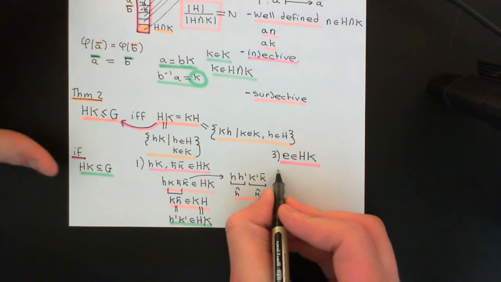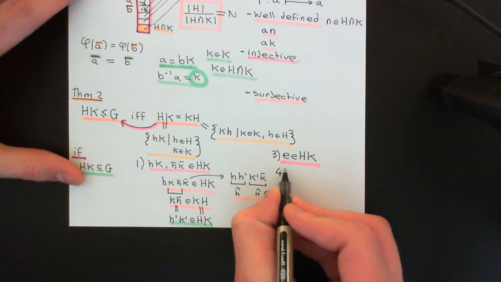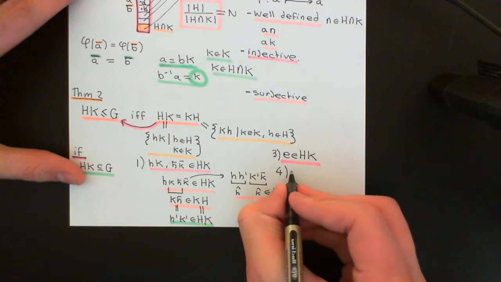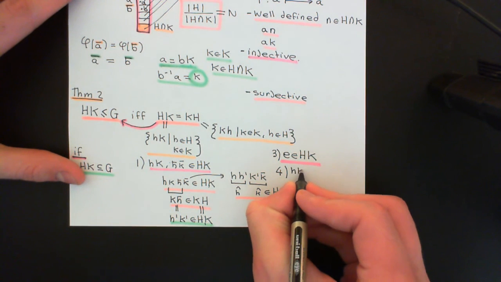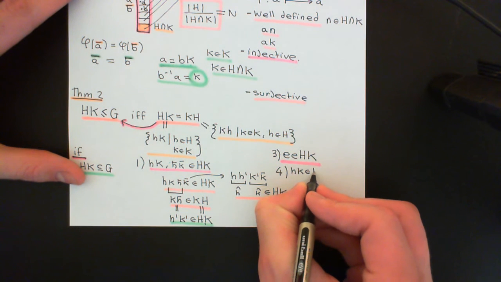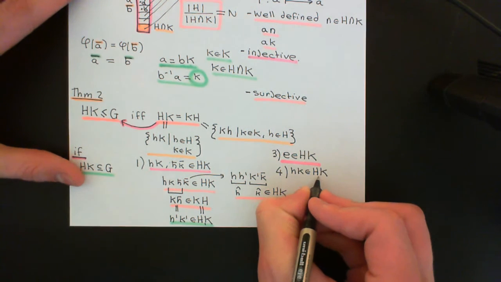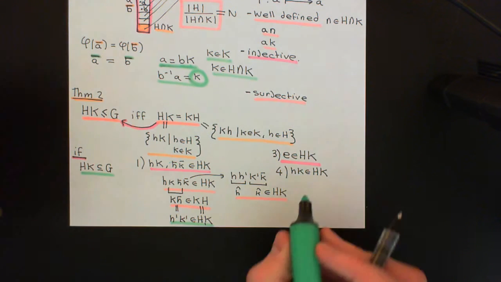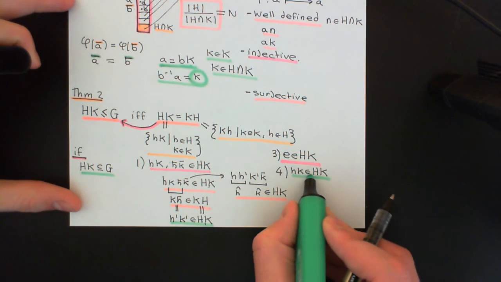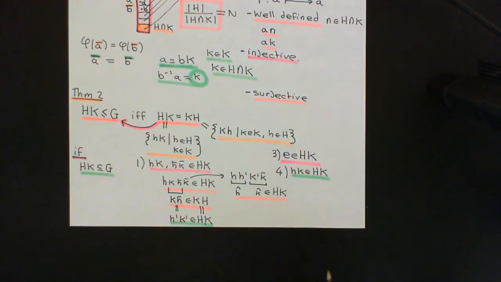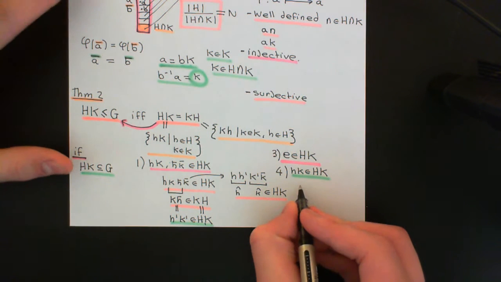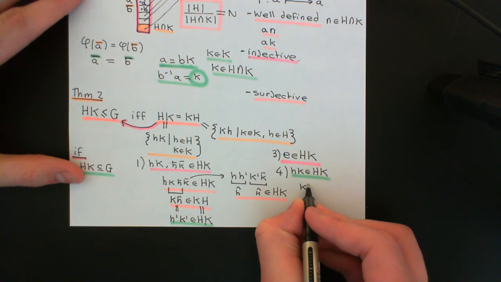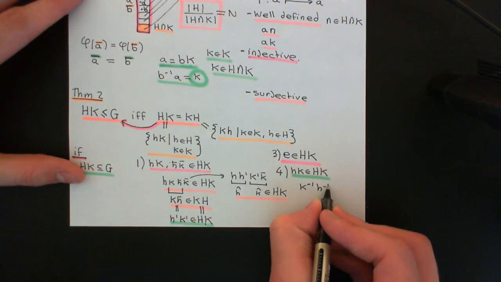And now inverses. So we need to prove that inverses are going to be in here. So I need to prove that for an arbitrary element, little h, little k, which is in my subset, which is the product of the subgroups capital H and capital K, the inverse to this element is also in there. Well, what is going to be the inverse to this? One way that you could get the inverse is by composing k inverse, so k will have some inverse in G, with h inverse.